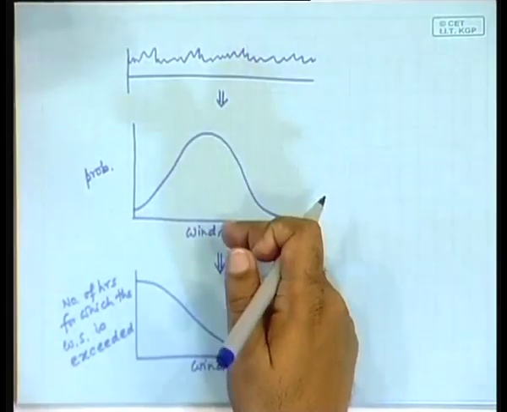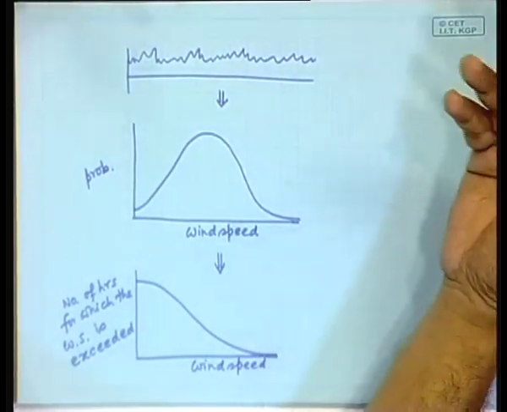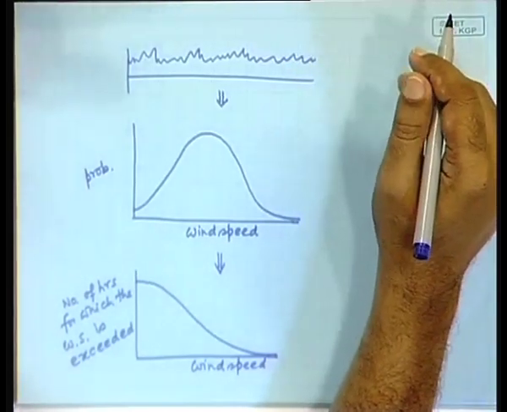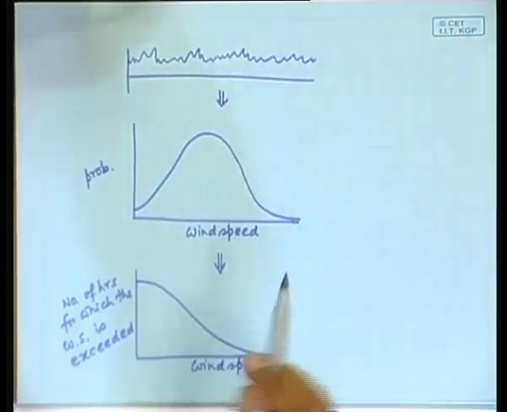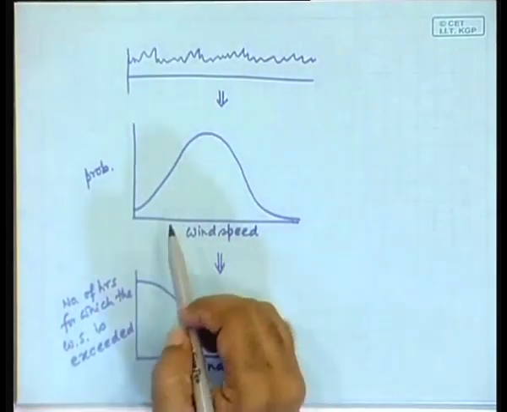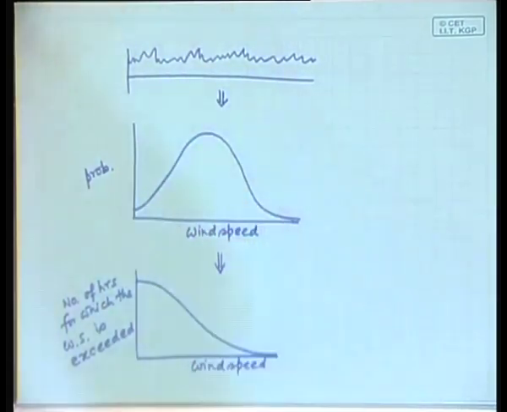circumventing this step, where we normally use the statistical distribution characteristics that are known to be valid for wind speed distribution, the Rayleigh distribution and the Weibull distribution, for which if you know the average velocity, then you can draw at least approximately these characteristics, and from there you can obtain this.